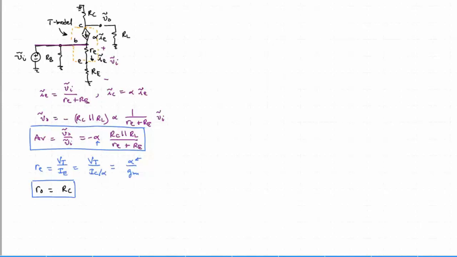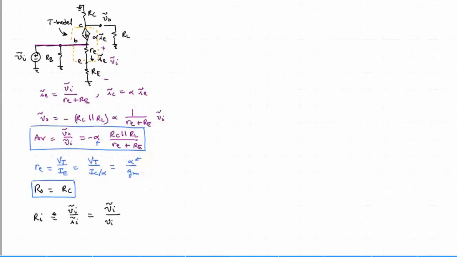Okay, and then lastly we need to find what is RI. Sorry, that's a big RO. RI is equal to VI over II, and that will be VI over, what current will we have?